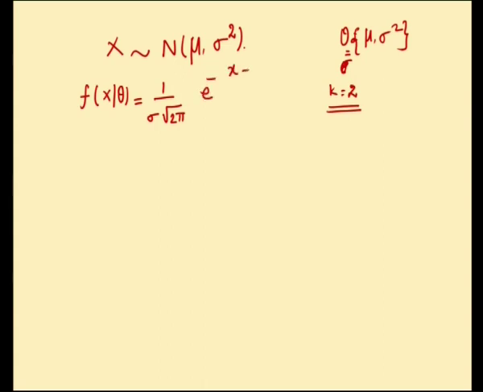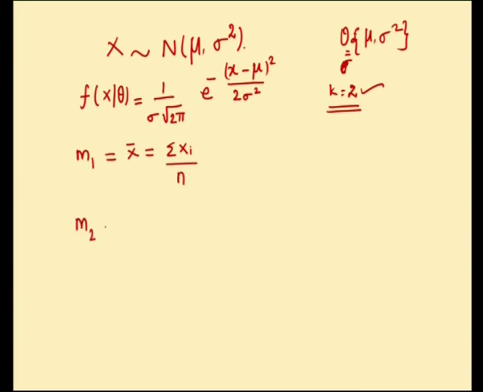So, x minus mu the whole square divided by 2 sigma square. There are variations on mu and sigma square, and x also varies from minus infinity to plus infinity. So, now we have a case for k equal to 2. First of all, I calculate m1 as x bar, that is sigma xi by n.